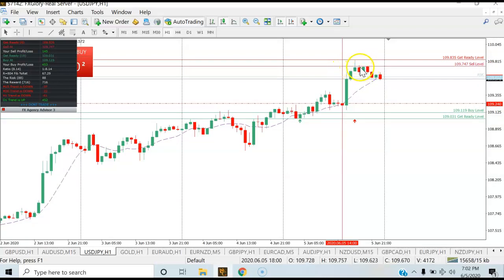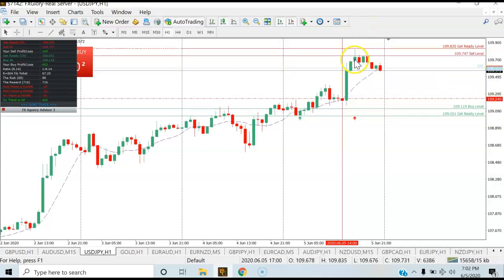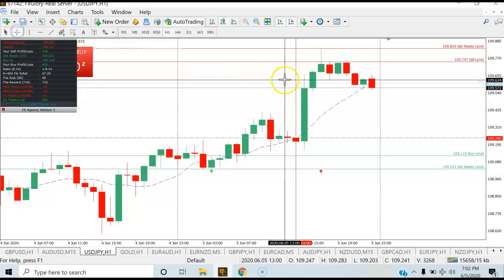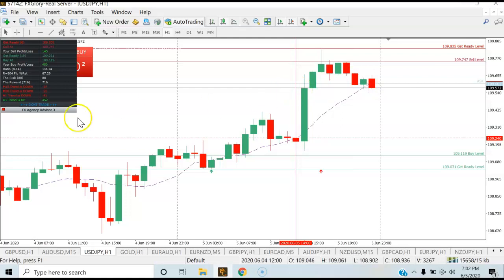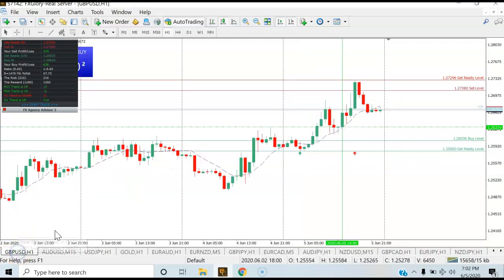So again, here we need a candlestick pattern. This is a hammer. Notice this green candle over here. Let's make it a little bit bigger. That is a hammer. And there's the sell signal. I did not trade this, but it was only about 16 pips, probably not even worth taking, but the trade did work out.